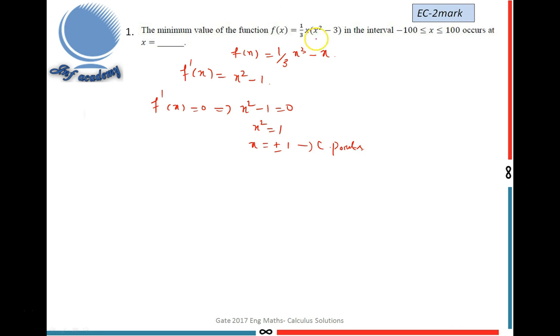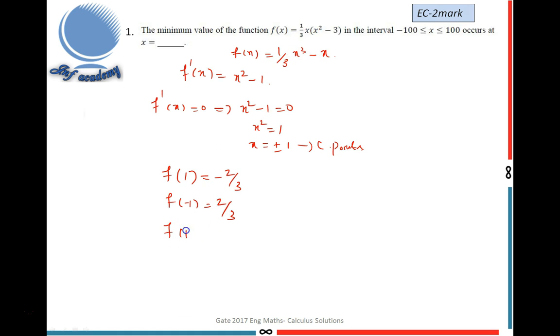Here I find the values of f at the critical points and end points. Then I get the local maximum and minimum values. f of 1 equal to 1 by 3 minus 1, which is minus 2 by 3. f of minus 1: minus 1 whole square is also 1, but the cube term gives minus 1 by 3 plus 1, so 2 by 3.